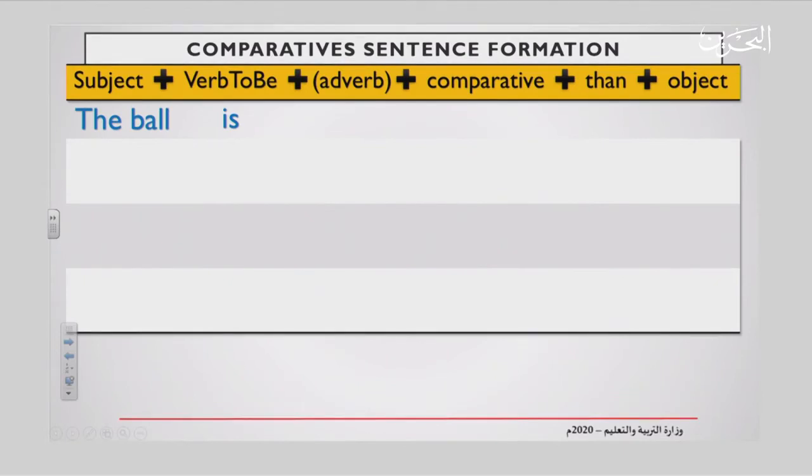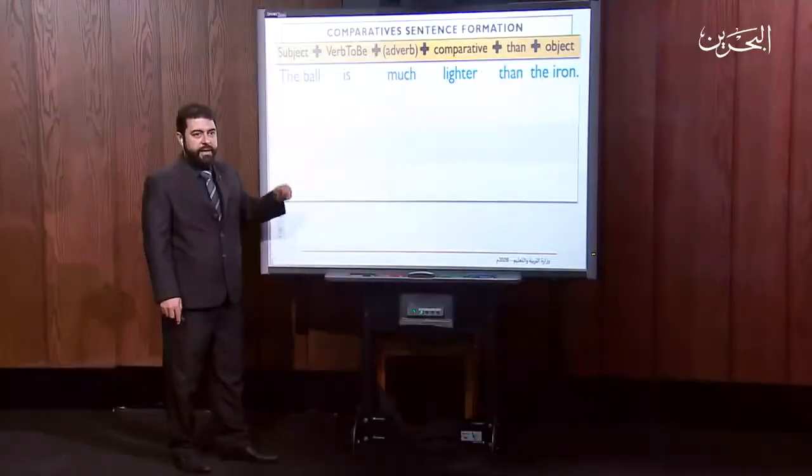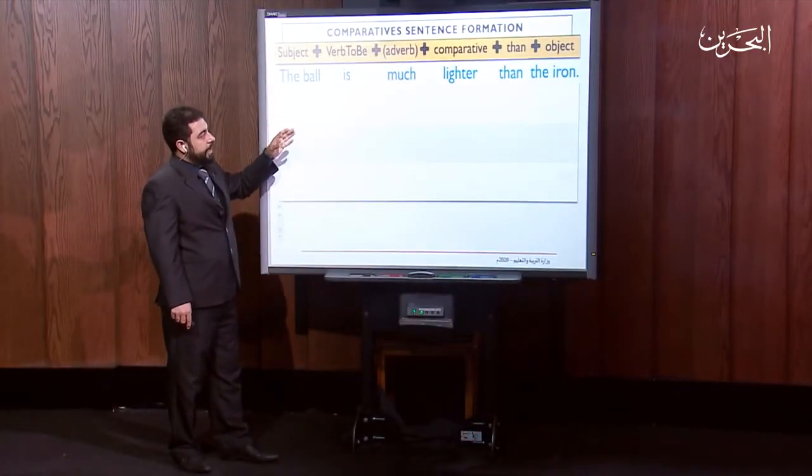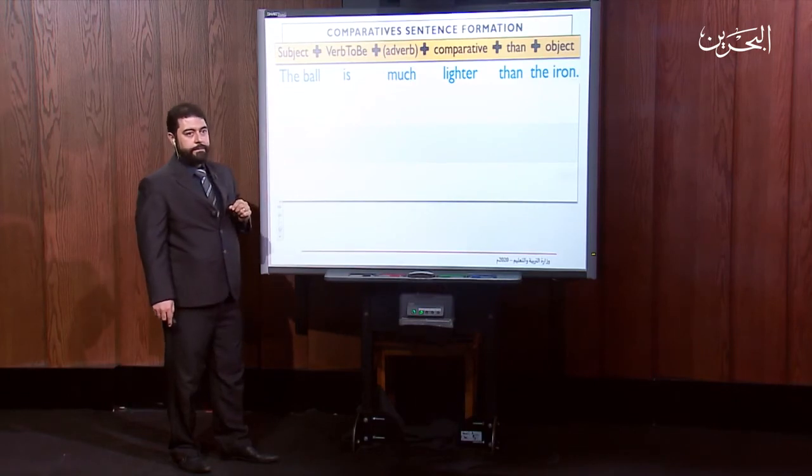Example adverb, much. Lighter is a one-syllable adjective that is added with ER. Then you write than as it is, then the object, which is iron, which is very heavy. The ball is much lighter than the iron.